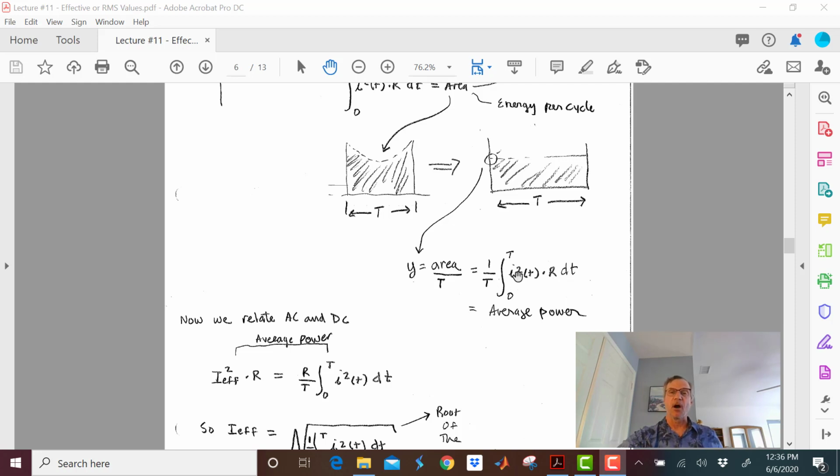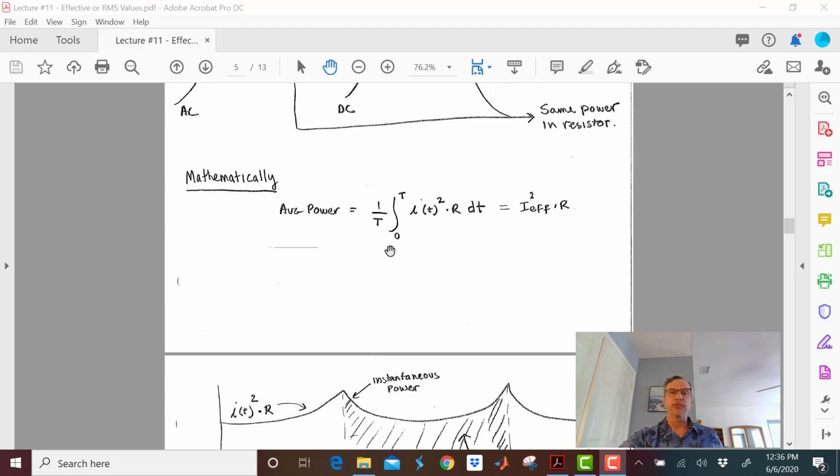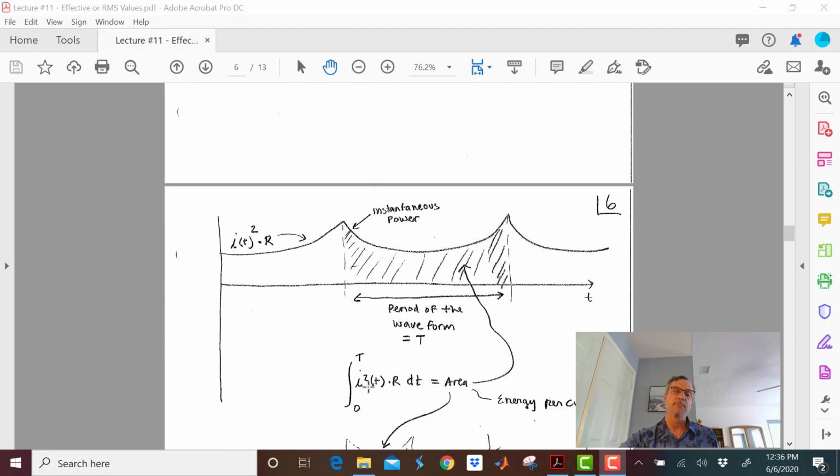And I'm going to take that R and put it over here. So it's R over T times the integral from 0 to T of I squared dt. I'm just doing what I said I was going to do. I'm relating the DC, which is on the left down here, and the AC, which is on the right.